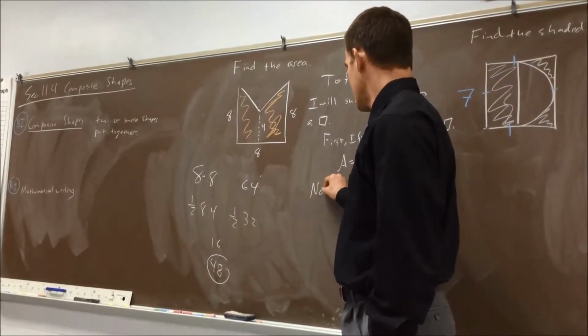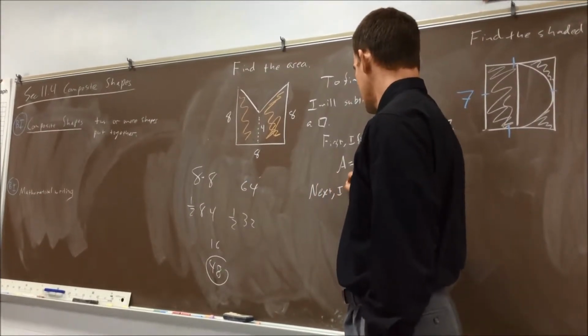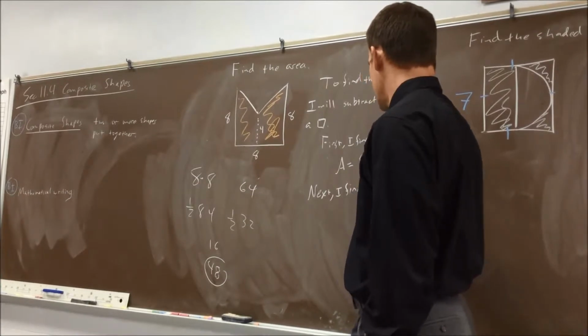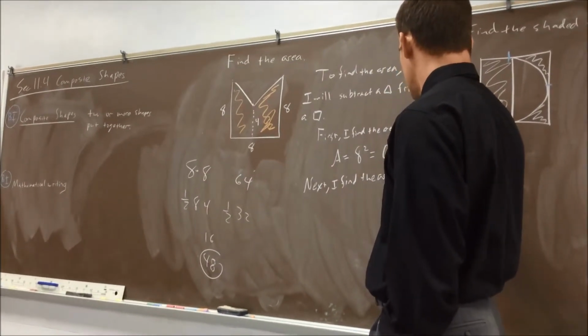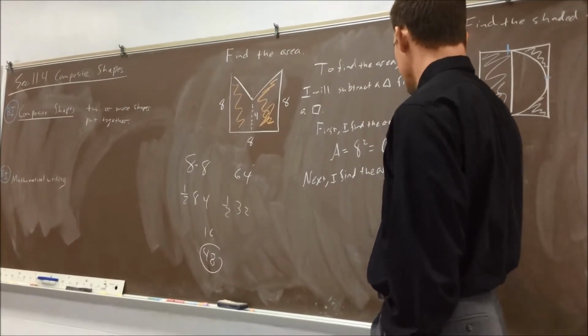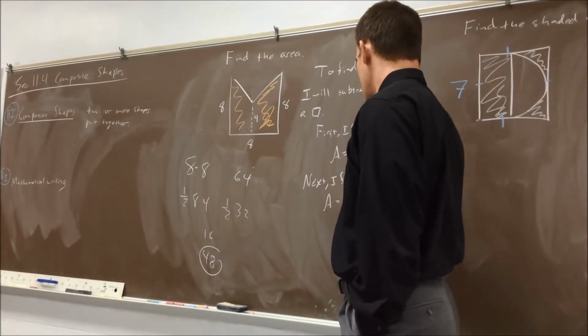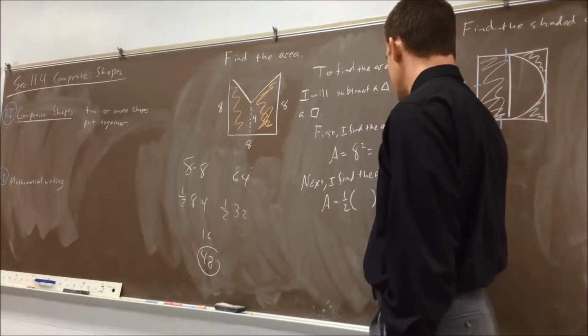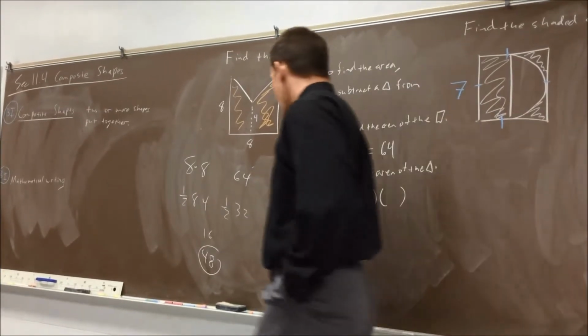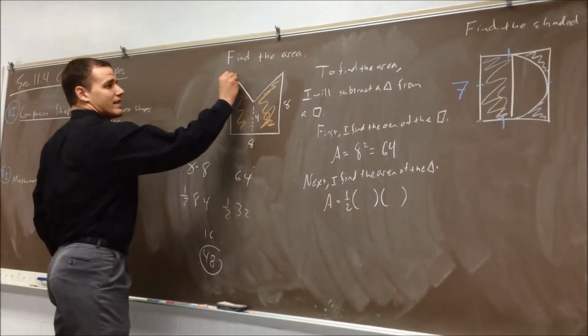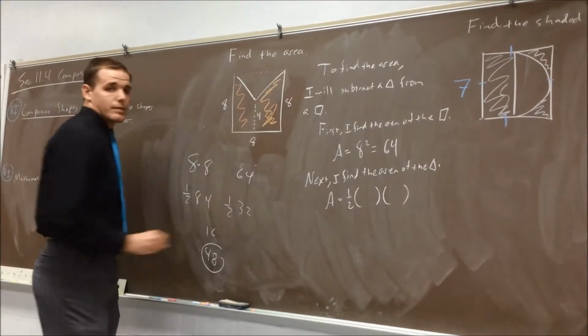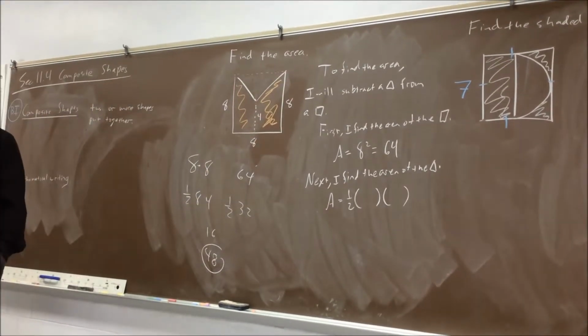Next, I find the area of the triangle. So it's going to be 1/2 base times height. Well, kind of got to think a little bit here. What's the base of this triangle going to be? Anybody shout it out. 1, 2, 3. 8.